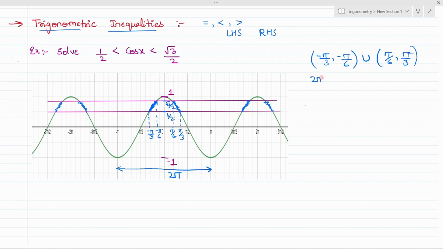We can write it as 2n pi minus pi by 3, 2n pi minus pi by 6, union 2n pi plus pi by 6, comma 2n pi plus pi by 3. So this is the required answer for cos x in the given range. In this way, we need to solve the question. So let's see the actual questions, how they are formed, and solve them.